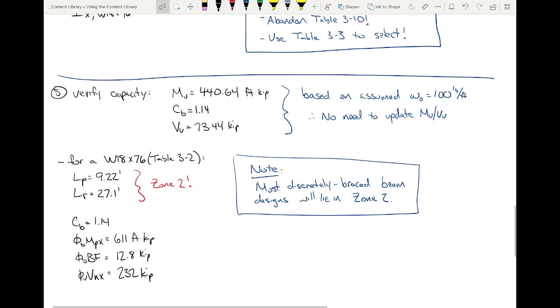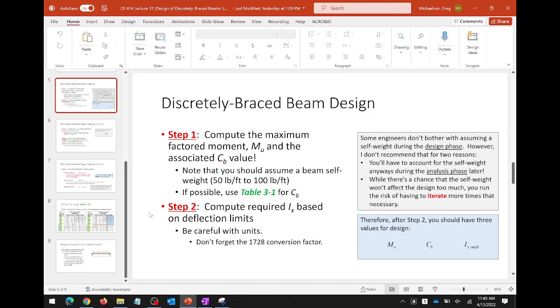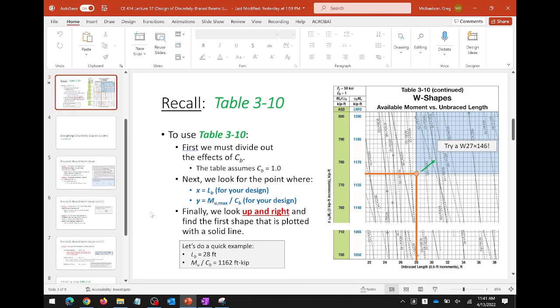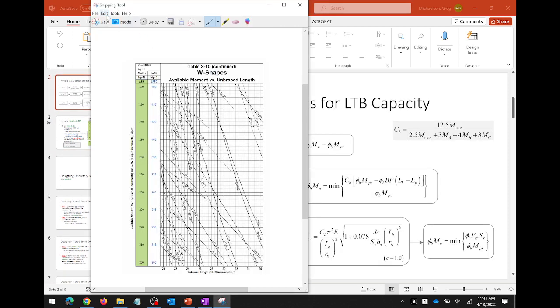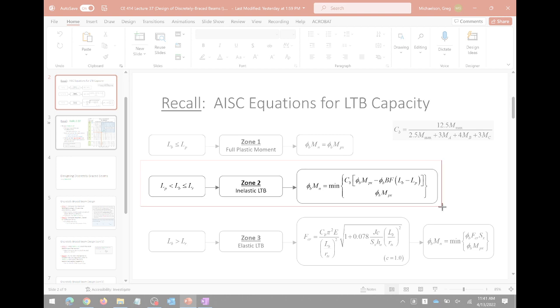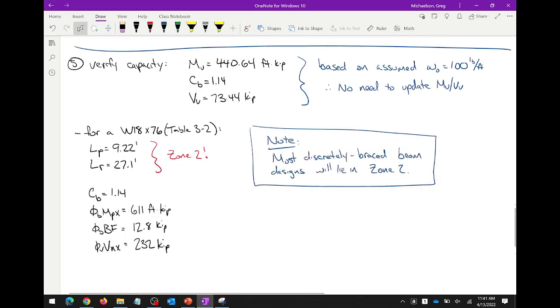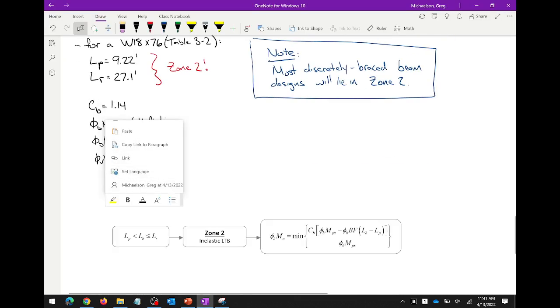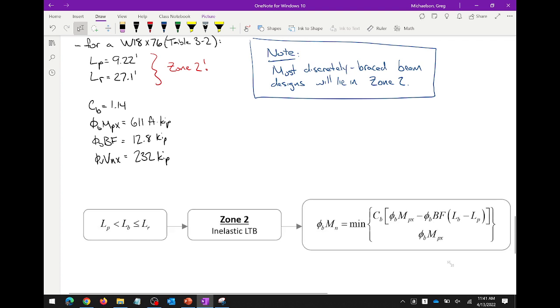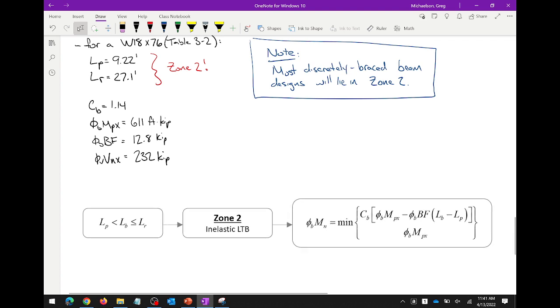Now, if you're wondering why I'm having you look up these values, it's because, as you said, we're in zone 2, and zone 2 tells me that here's our expression. All right, so here's the expression to compute capacity according to zone 2. And so what do you need? You need a Cb, a phi Mpx, a phi BF. We already have Lp up there. So it's not me just picking random values out of the air. I'm just following the process.